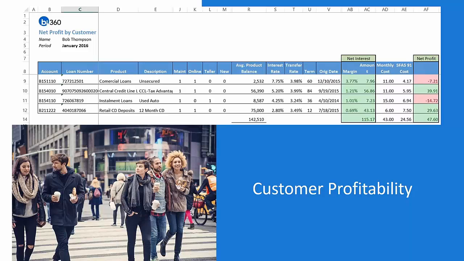FAS 91 allows you to defer those costs over the life of the loan or deposit, just smooth things out a little bit. So here, this Bob Thompson, he's made $47 for the month. Hopefully $50 times 12 months, a $600 relationship, pretty good relationship. So I need to pay attention. That's an example of customer profitability.